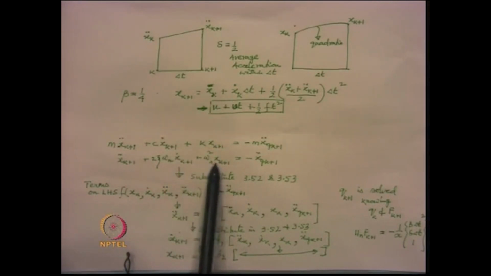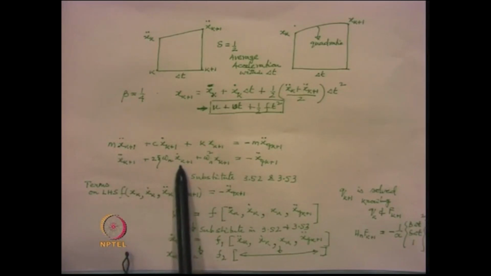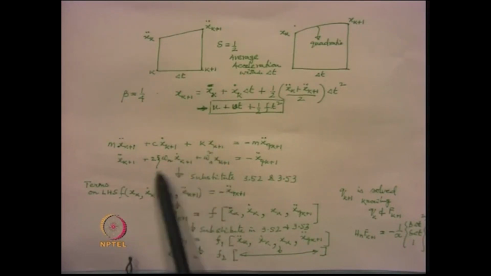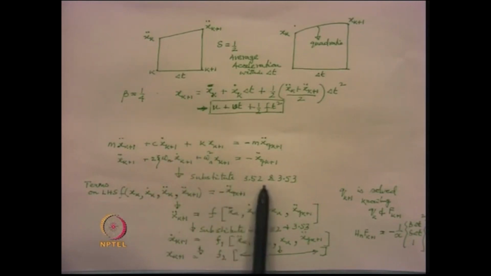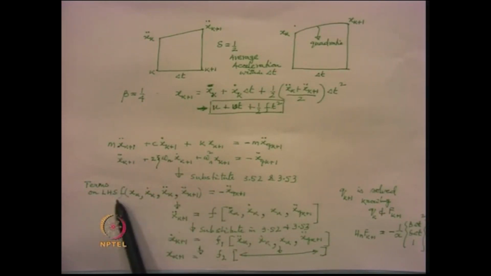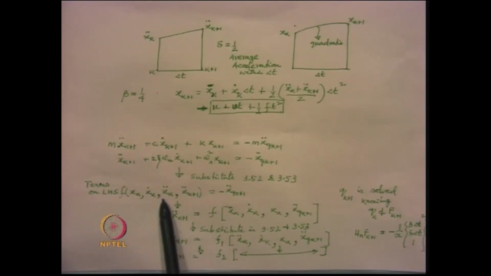So, x k plus 1 and x dot k plus 1 are now written using equations 3.52 and 3.53 that we have described before, and once we substitute them into the equation, then we can see that the equation on the left hand side would be in terms of x k, x dot k, x double dot k, and the acceleration x double dot k plus 1.